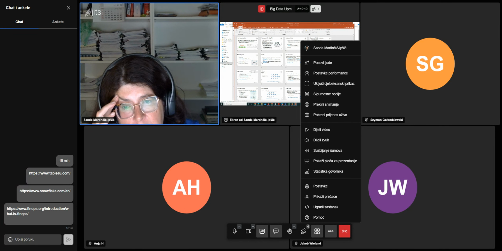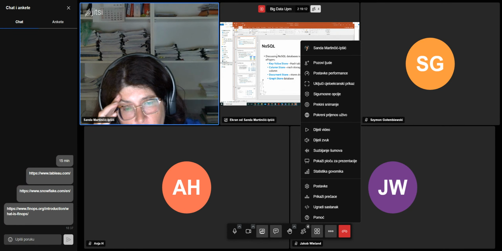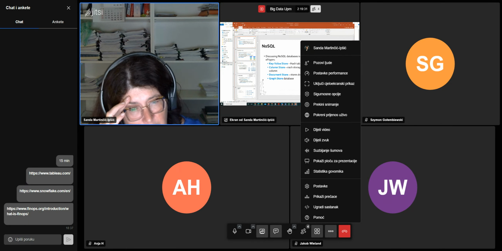So this is not a relational data model, but it's really very simple. It's a key value store where we have only identifications and then value, whatever value is.